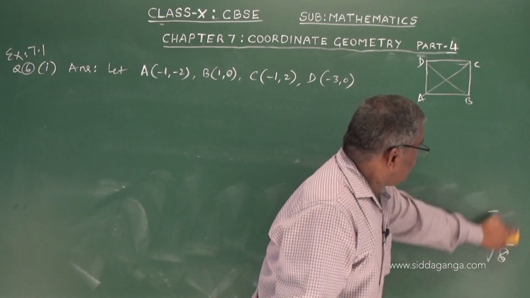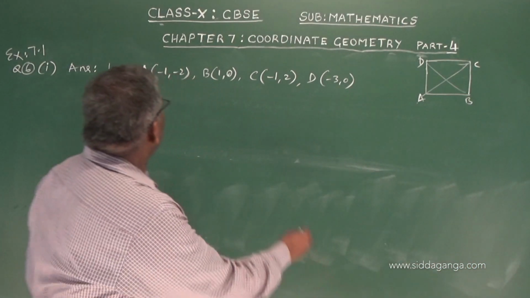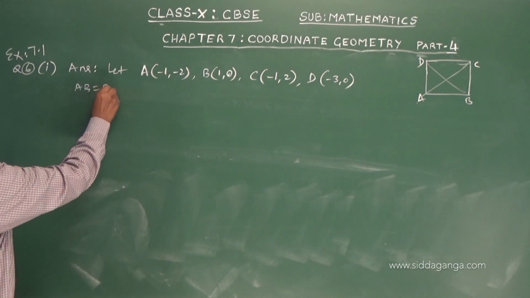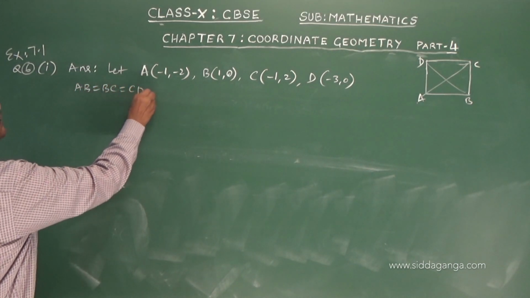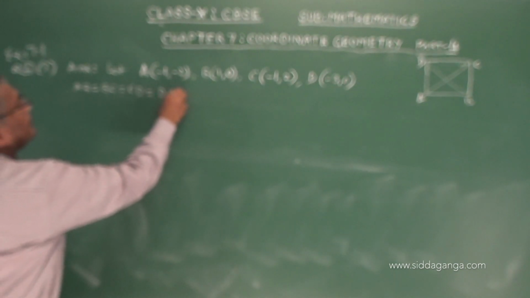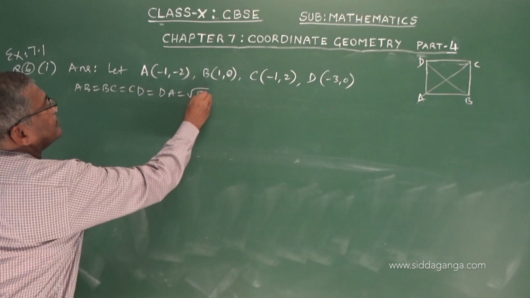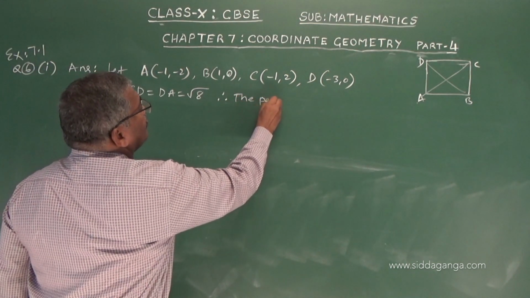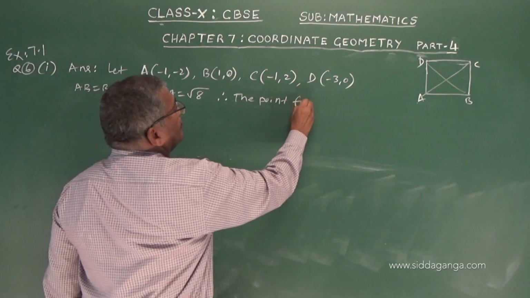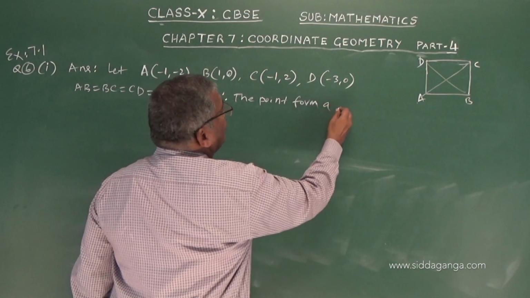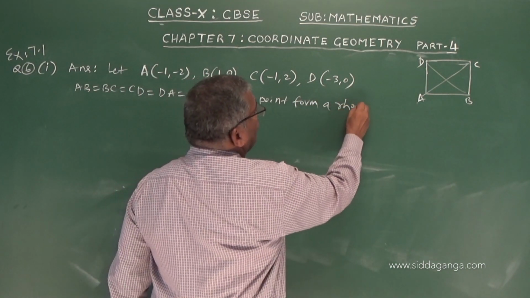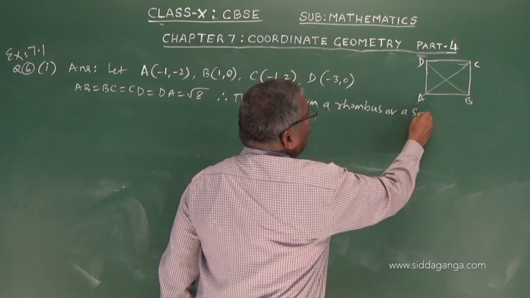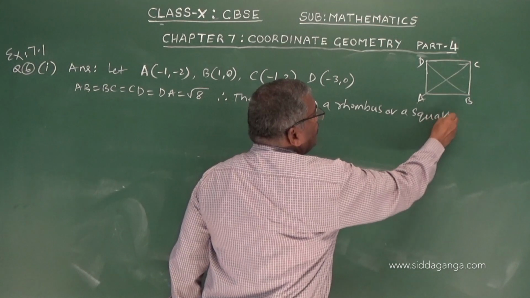I will write AB equals BC equals CD equals DA equals root 8. Therefore the points form a rhombus or a square.